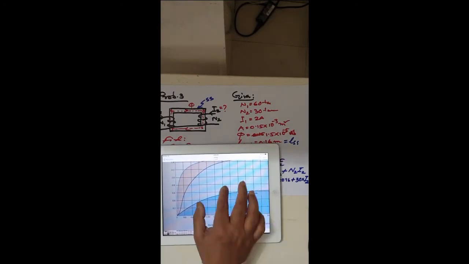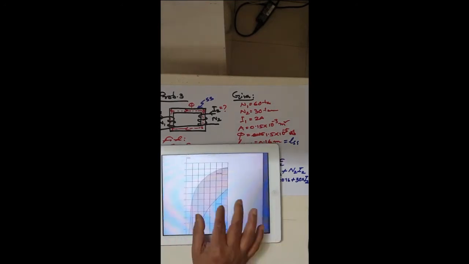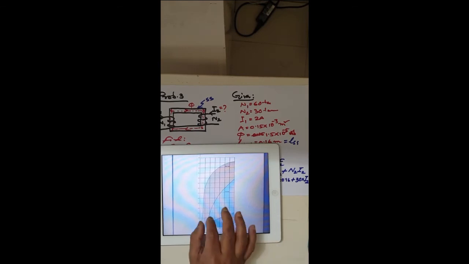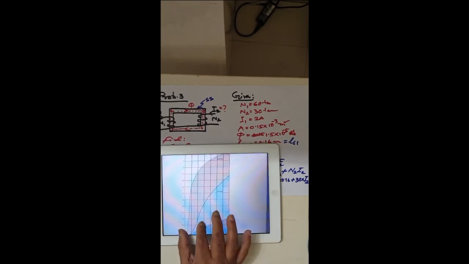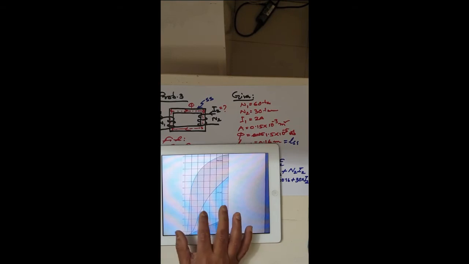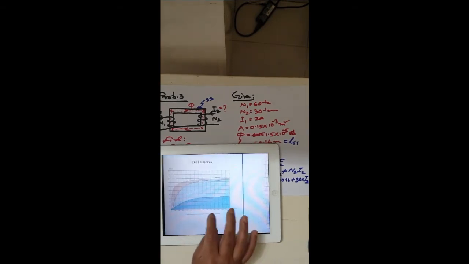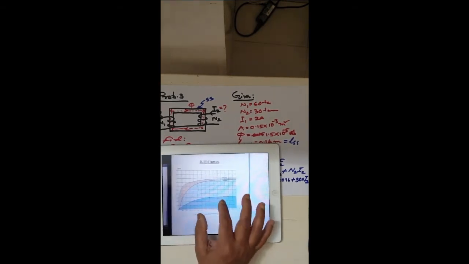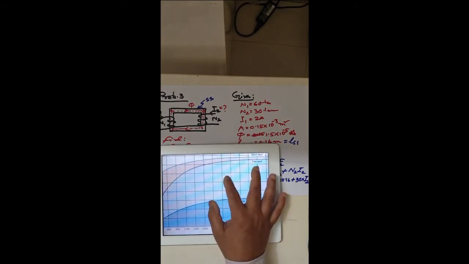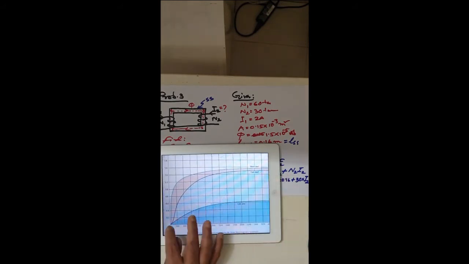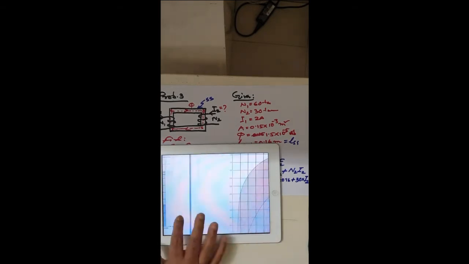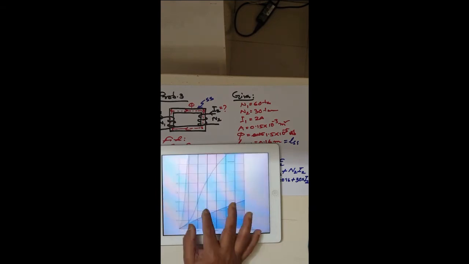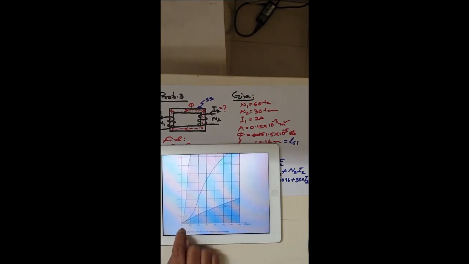This is stainless steel, SS, so HSS will be here. 0.1 is a very small value, and if you find 0.1 here, the curve is cutting here, which is approximately equal to 20 ampere.